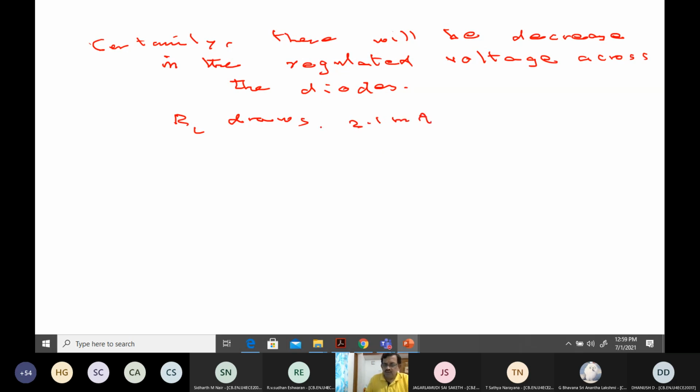Now, as a first approximation, we apply the small signal approximation, and hence the model.